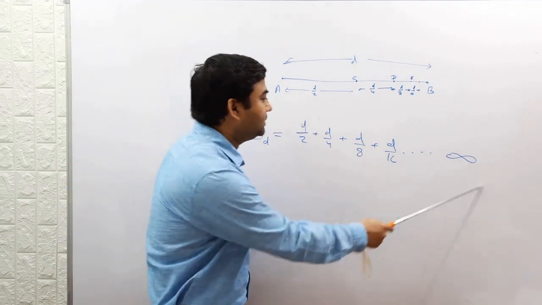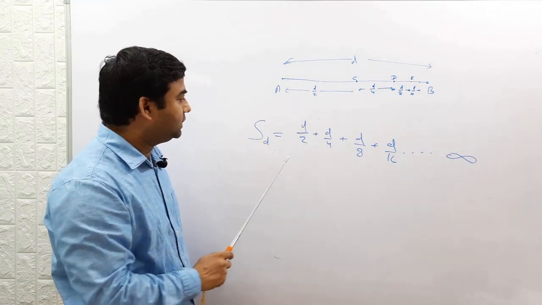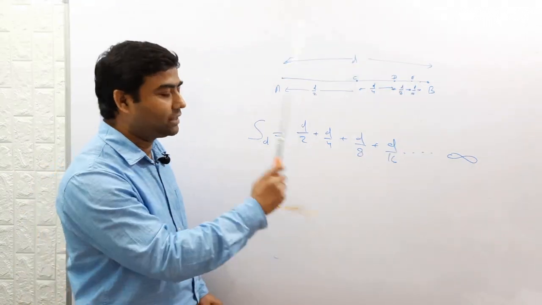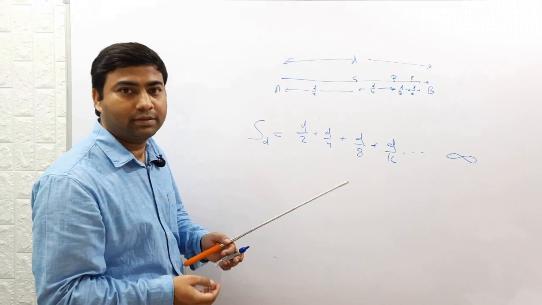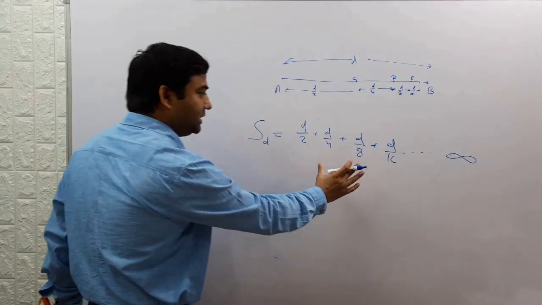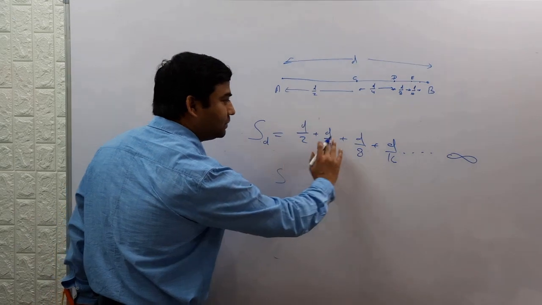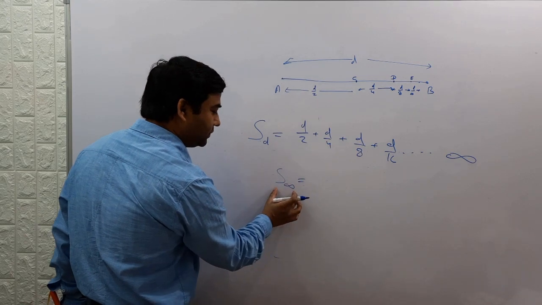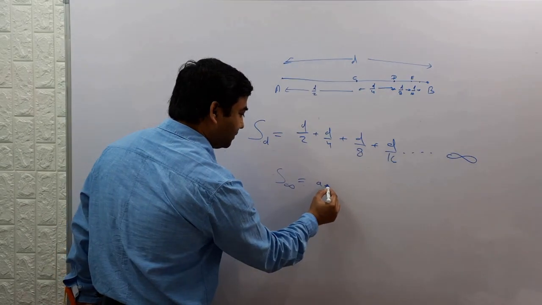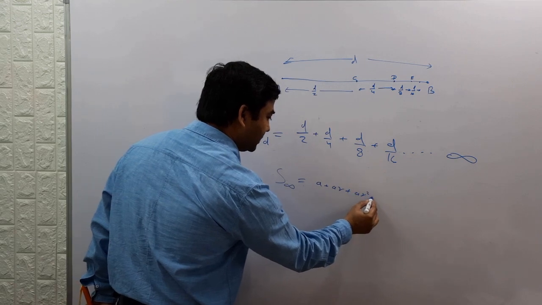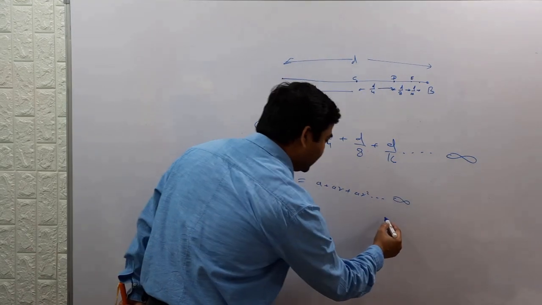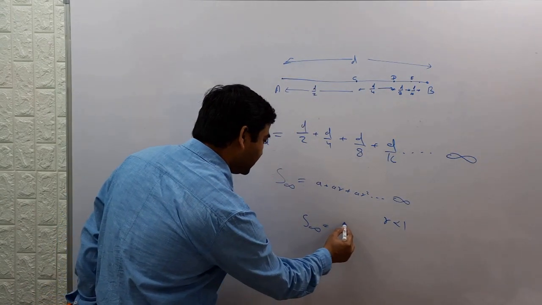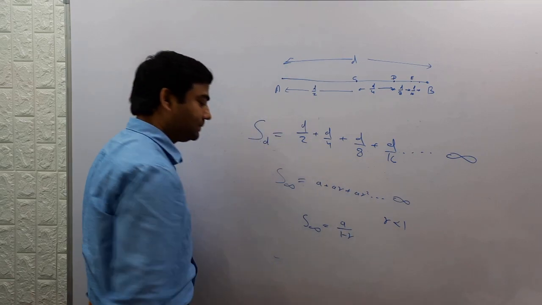They thought this is an infinite series, but presently we know this series is infinite, but it is a converging, reducing series. For an infinite series having multiplication factor less than 1, with infinite number of terms, A plus AR plus AR square, etc. up to infinite, where R is less than 1, S infinite is given as A divided by 1 minus R.